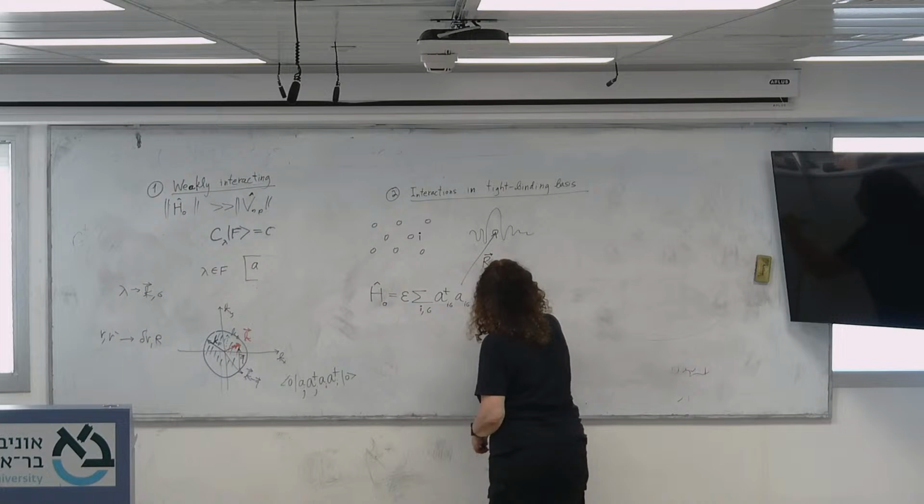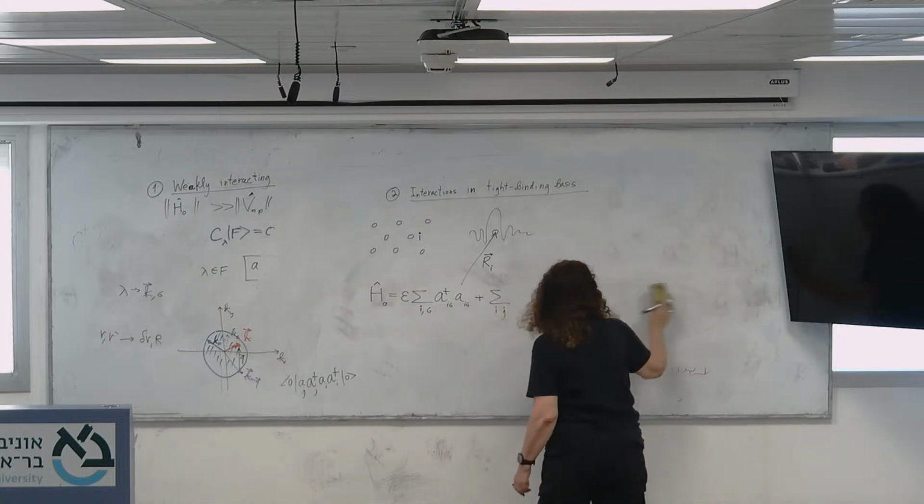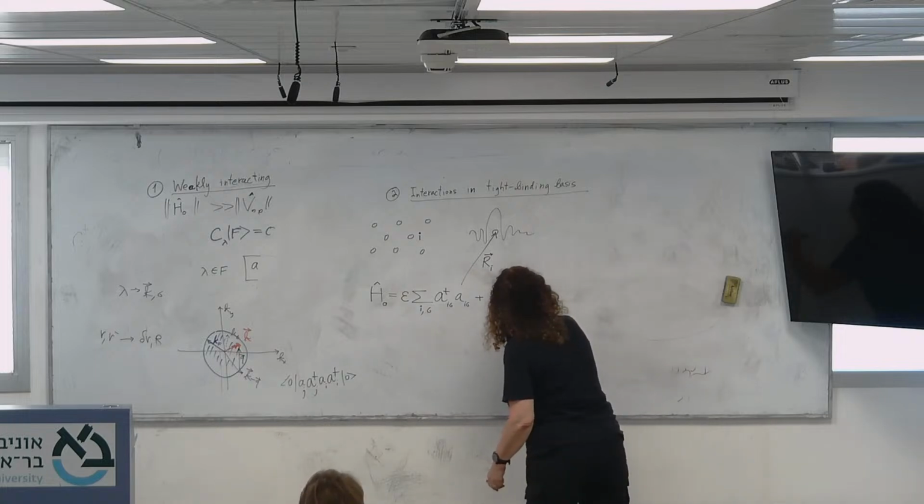a sum over i and j. If you like to be more precise, i different from j.